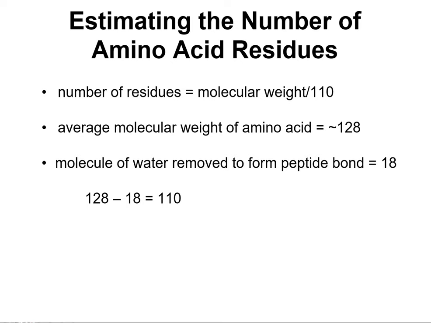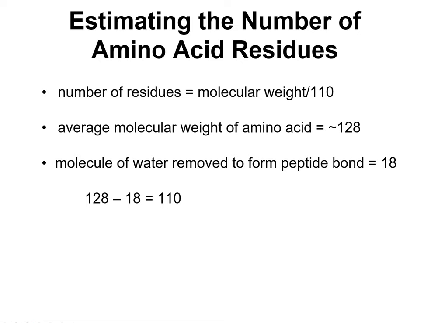You can estimate the number of amino acid residues, which I'm not really going to hold you responsible for, but it's just one of those tricks that you can use if you are interested in doing some kind of research to get an idea of how many residues a protein has.